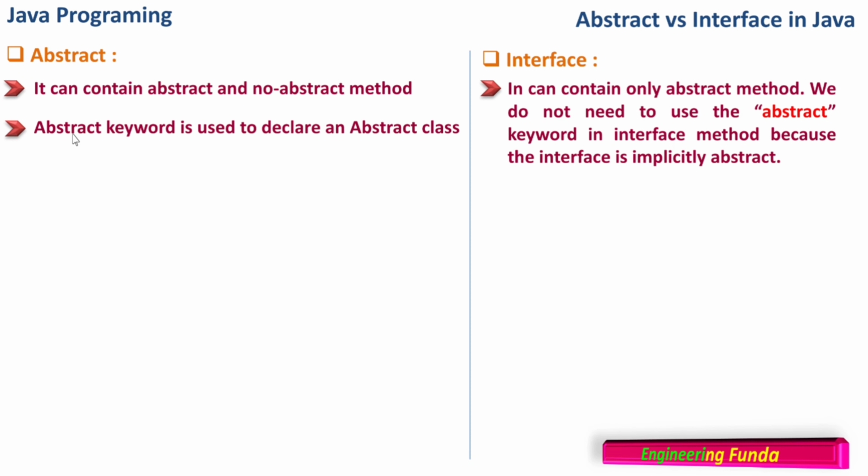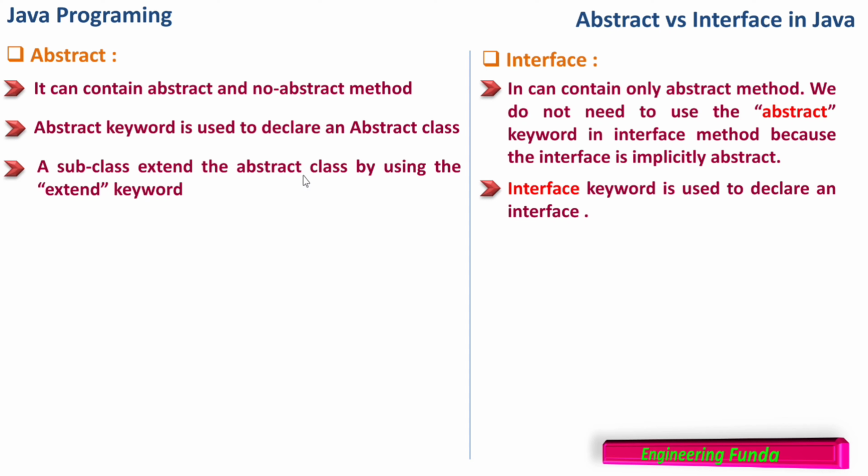The second difference is that the abstract keyword is used to declare an abstract class. So if you want to make a class abstract, then you have to write abstract in front of that class name, while the interface keyword is used to declare an interface. We have seen the example that if you want to write an interface, we start that statement with the keyword interface.